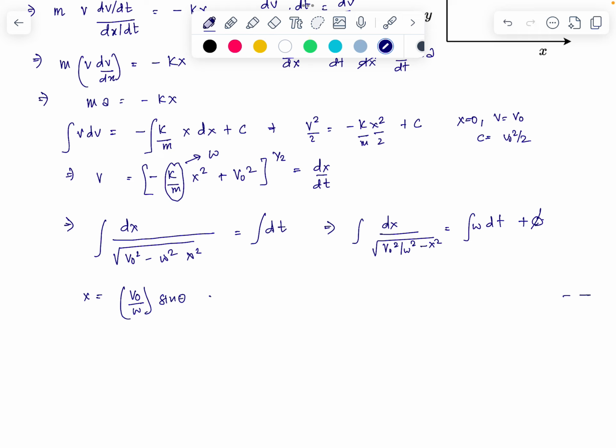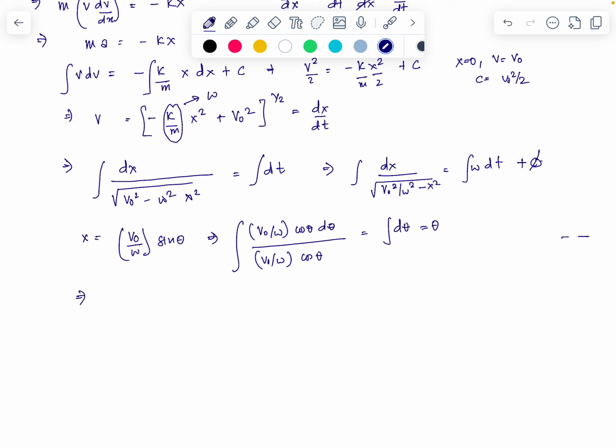Essentially the left hand side becomes v0 by omega cosine theta d theta divided by v0 by omega cosine theta, and that's nothing but the integral of d theta, which is theta. So theta equals sine inverse of x divided by v0 by omega.